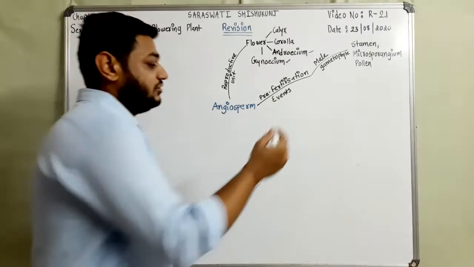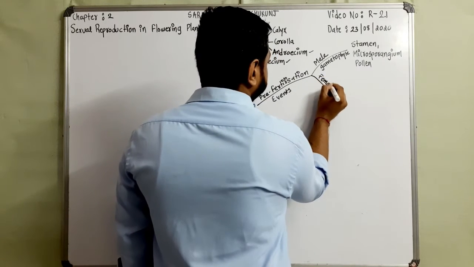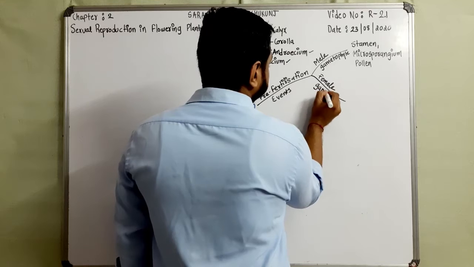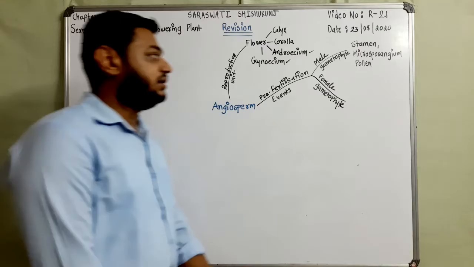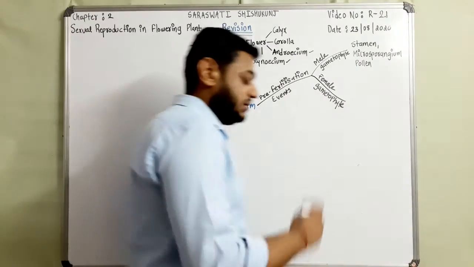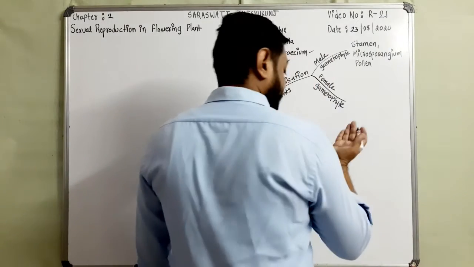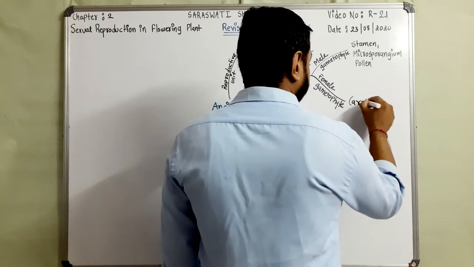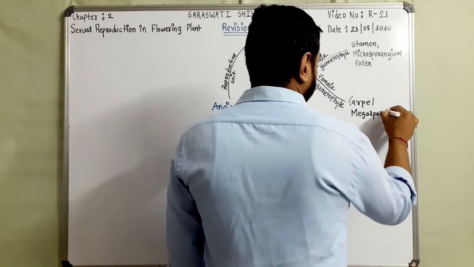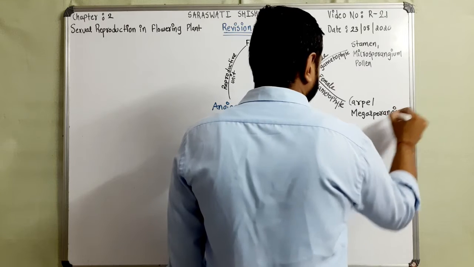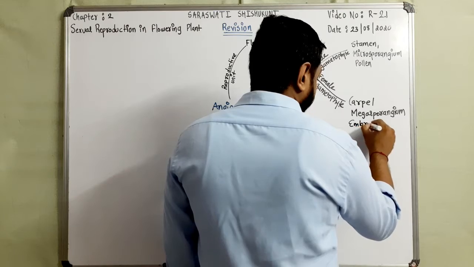In the same way, the female gametophyte will undergo development in the carpel, megasporangium, that is ovule, and the embryo sac.